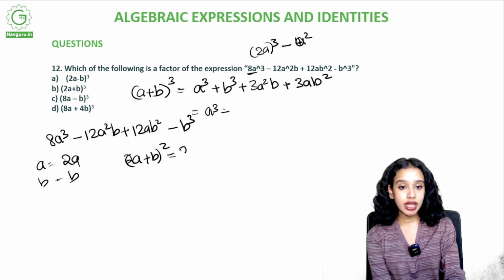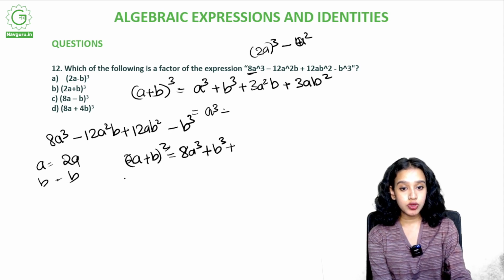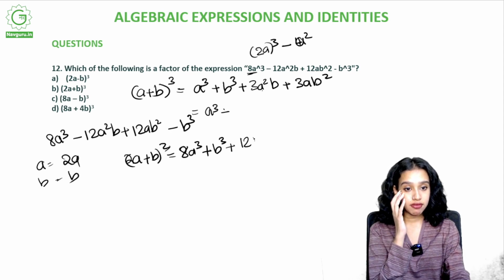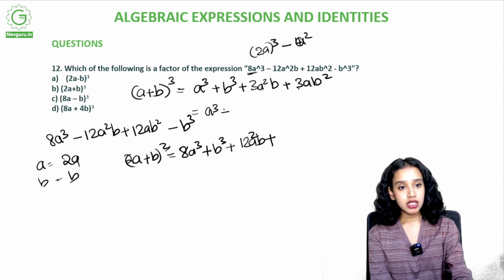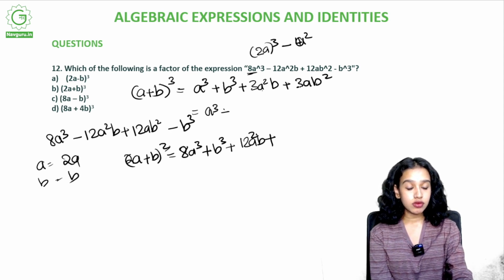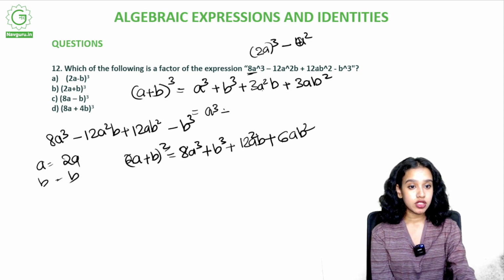This is equal to 8a cube plus b cube, okay, plus 3 into 2 square, 3 into 4 is 12, 12a square b plus 3 into a is what? 2, right? So, 3 into 2, 6, 6 into ab square, right?